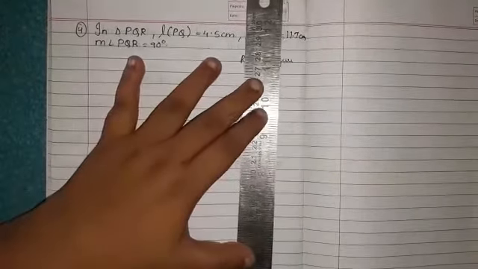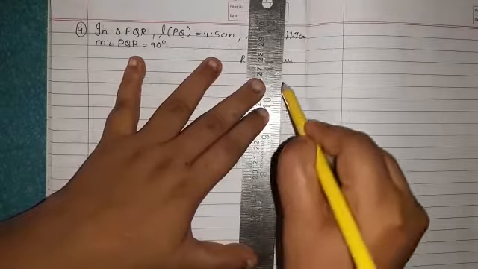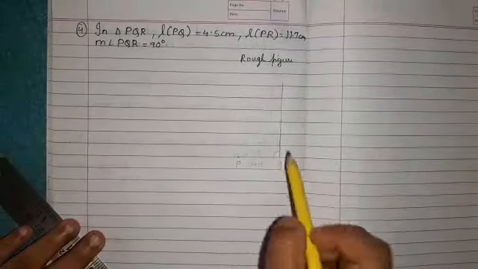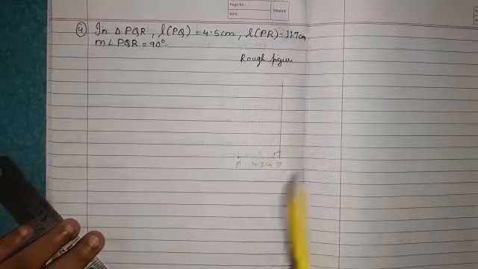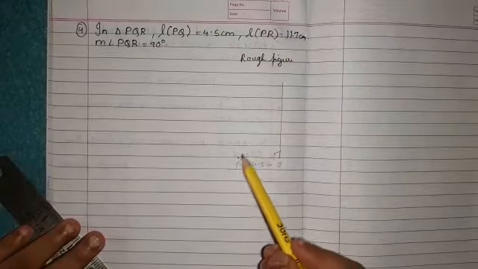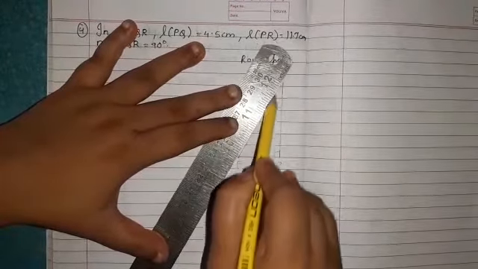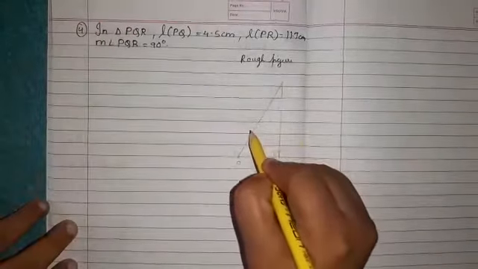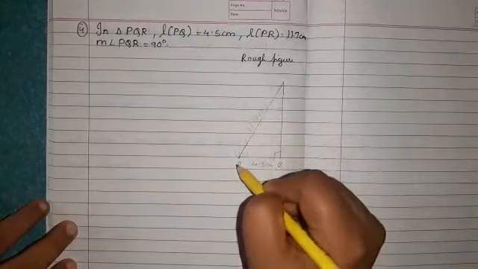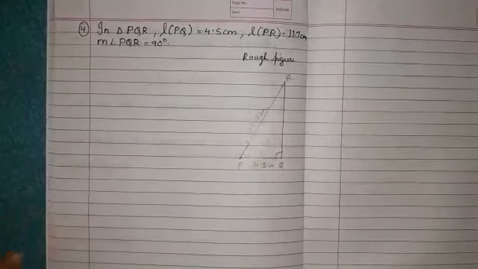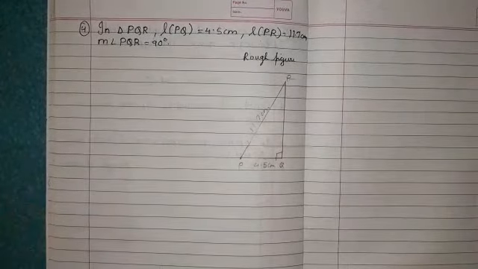Means here we will have 90 degree. Yes, we will show it. Now bigger one is 11.7 PR. So it will be from here. That is, if you will join these 2 points, then this will be 11.7 centimeter PR. Did you get an idea how our construction will be?